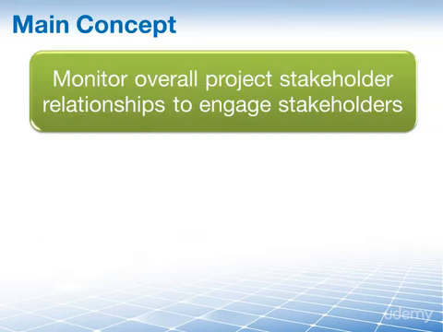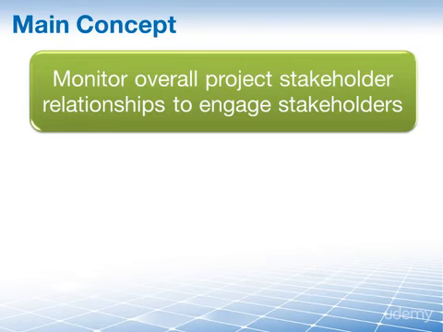The main concept to understand behind this process is that we monitor the overall project stakeholder relationships to keep our stakeholders engaged in the project. As you may recall, a stakeholder is defined as an individual, group, or organization who may affect, be affected by, or perceive itself to be affected by a decision, activity, or outcome of our project.